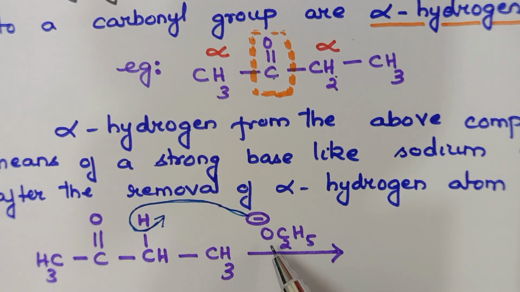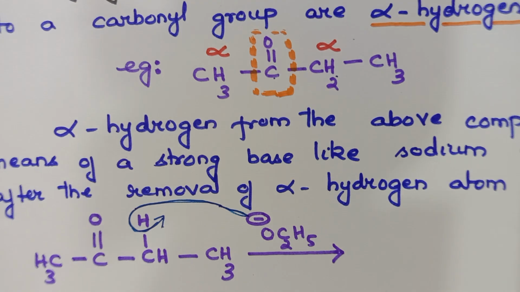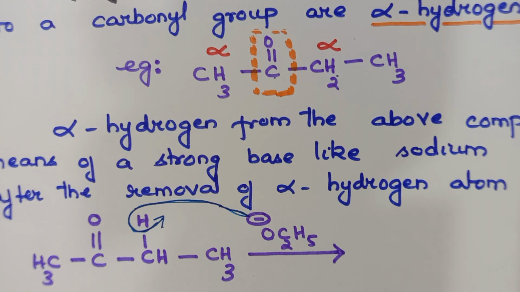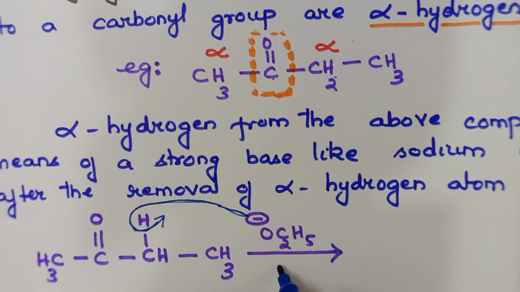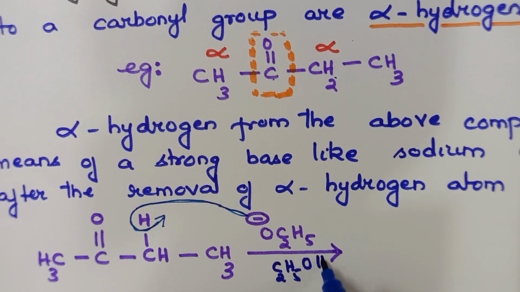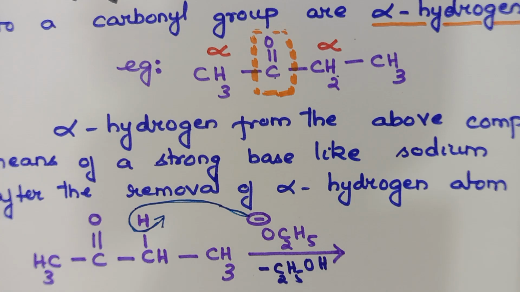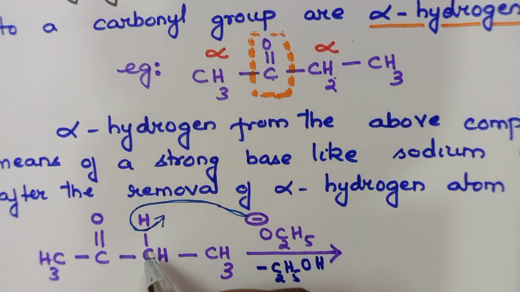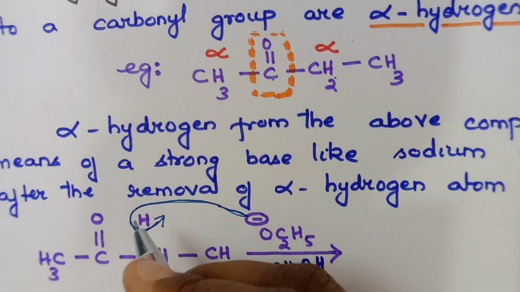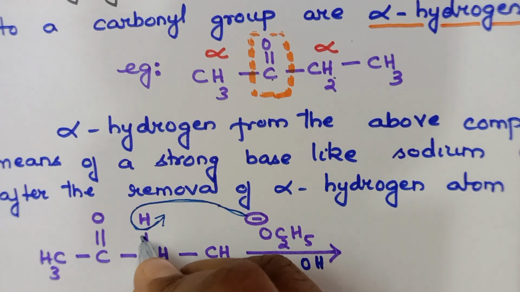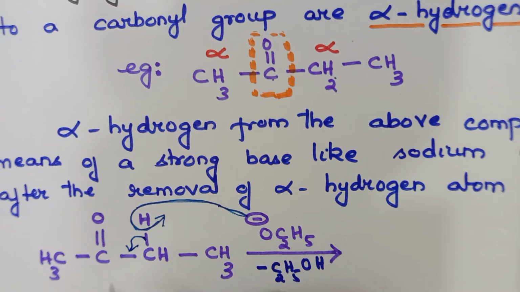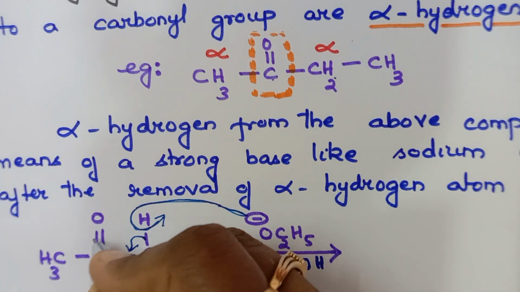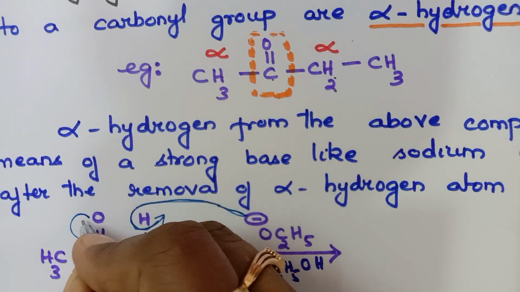So H plus and OC2H5 minus goes out as C2H5OH. I am writing here C2H5OH, you write down. Next, the electrons present between carbon and hydrogen are shifted between carbon and carbon. Next, this pi bond moves towards the oxygen atom.